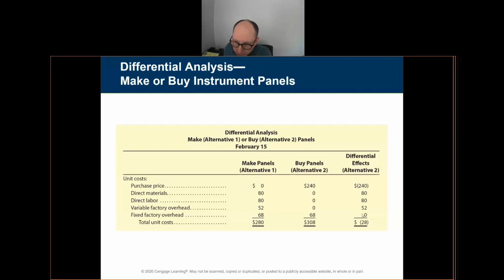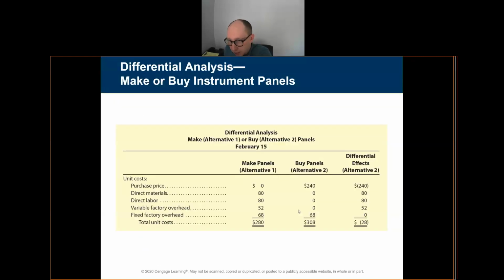If we go down, minus 240 plus 80 plus 80 plus 52 is minus 28. That means the difference in total cost is $28. So it's minus 28, which tells me that if it's based off of alternative 2, alternative 1 is the right decision. If that number were positive instead of negative, alternative 2 would be the better option.